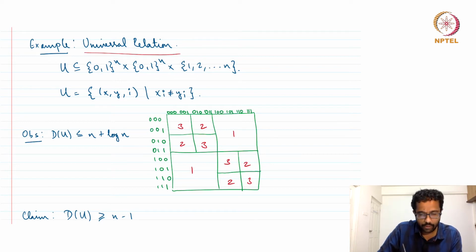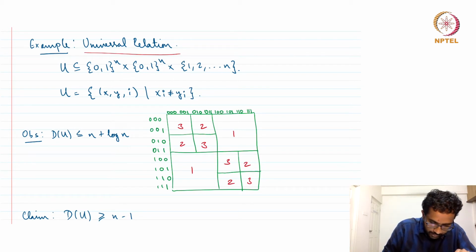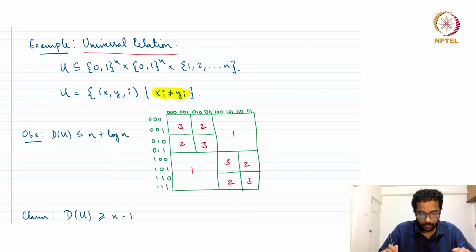If Alice and Bob are given two strings x and y such that x is not equal to y, then they have to output an index i for which the ith bit of x is not equal to the ith bit of y. So they have to output i such that x_i is not equal to y_i. This is the objective. Of course, when Alice and Bob are given the same x equal to y, then we don't care what they output.